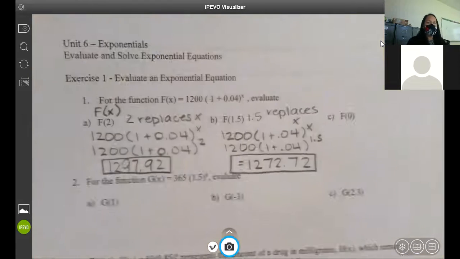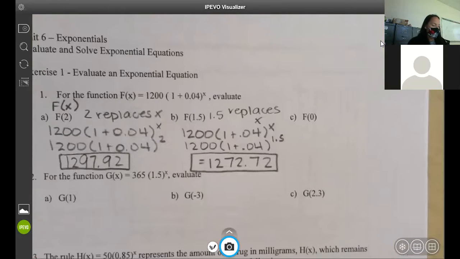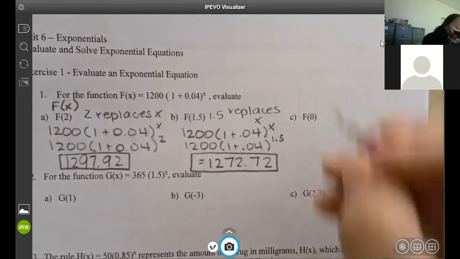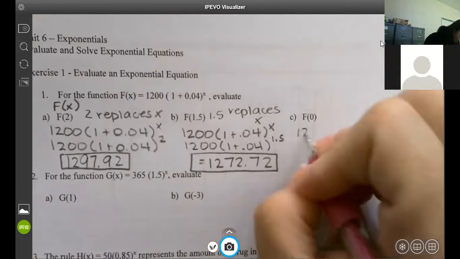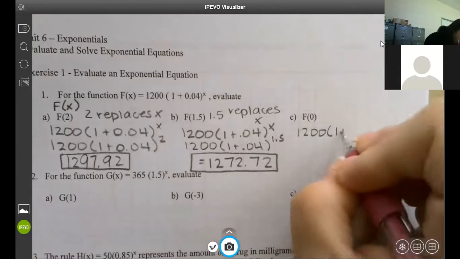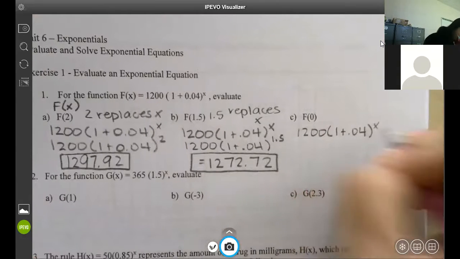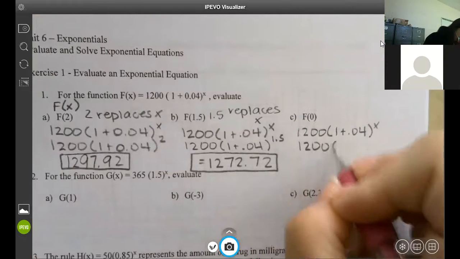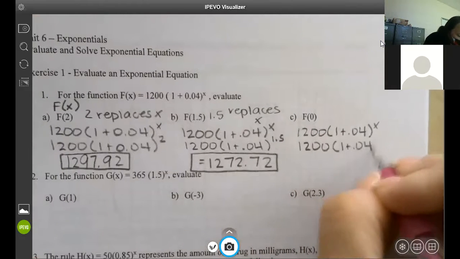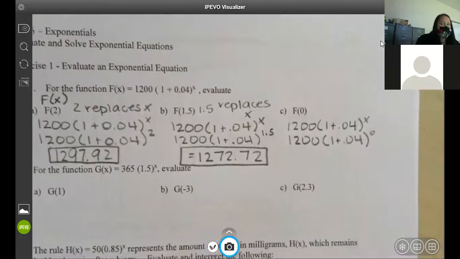What do we do on C? Plug in 0. So the same function, and instead of x, we're going to put in 0.